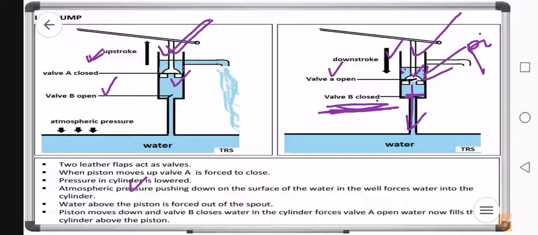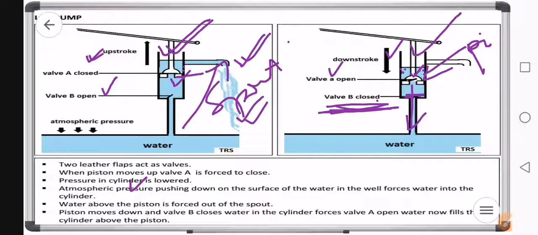Then this piston pushes the water above it, and it comes out through the spout. As you can see, this is the water coming out.